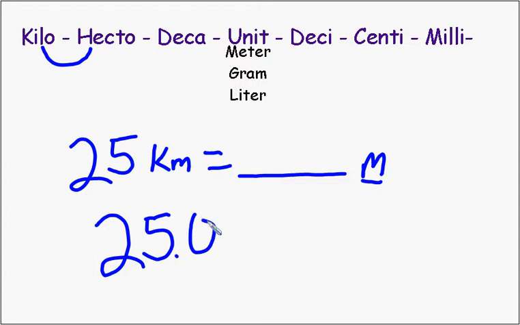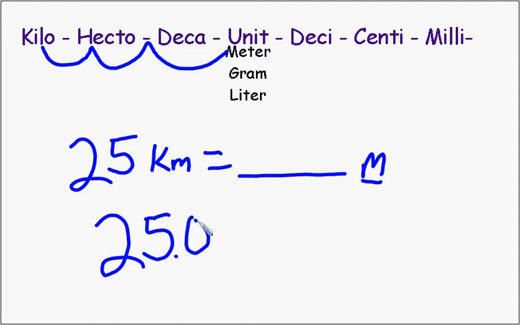The decimal's default position would be right next to the 1. So for every time I move it here, I move it on my number, and I moved it once, twice, 3 times. So to convert kilometers to meters, I move the decimal once, twice, 3 times to the right. Let's actually do that. So I have 25 kilometers.